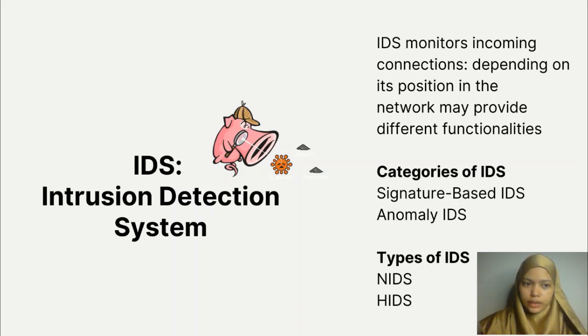Some IDS react when some malicious activity takes place. Others monitor all traffic coming to the host where the IDS is installed and give alerts in real time. One example for HIDS is SolarWinds Security Event Manager.